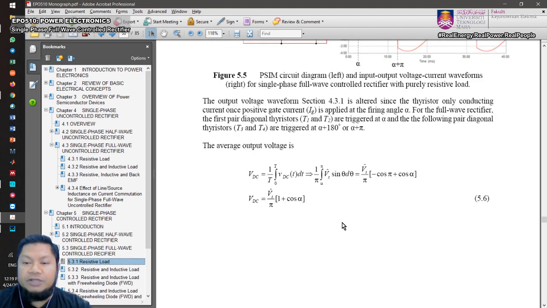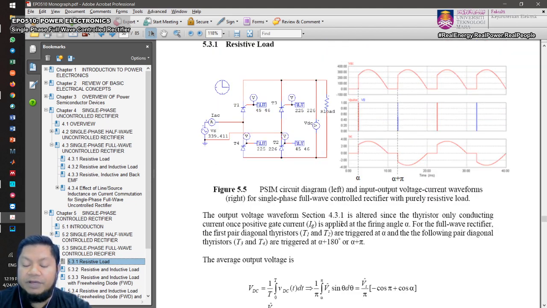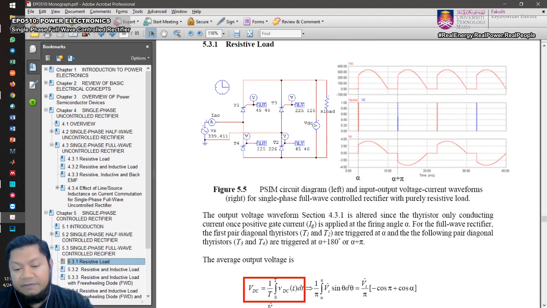Okay, right. So in terms of the derivations, this is always the general equation for any waveform, be it single phase, three phase, any waveform. This is the general equation for you to obtain the average value. You must integrate from 0 to T, one cycle, and then divide by the period T of that particular waveform.